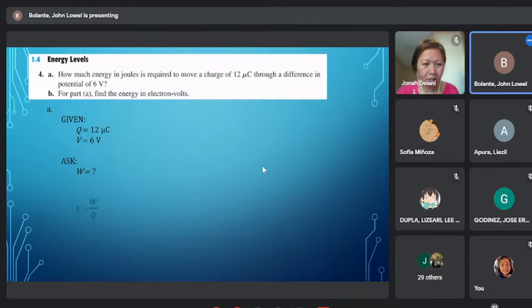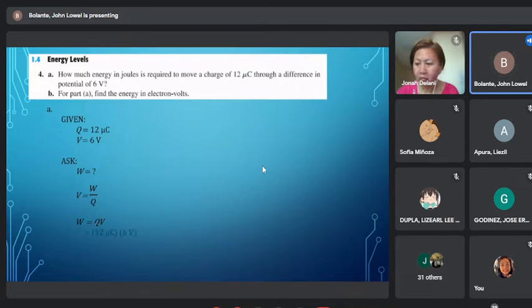In this problem, we will use this formula: voltage is equal to energy over charge. Since energy is what we need to find, we will derive this formula into this one: energy is equal to charge times voltage.